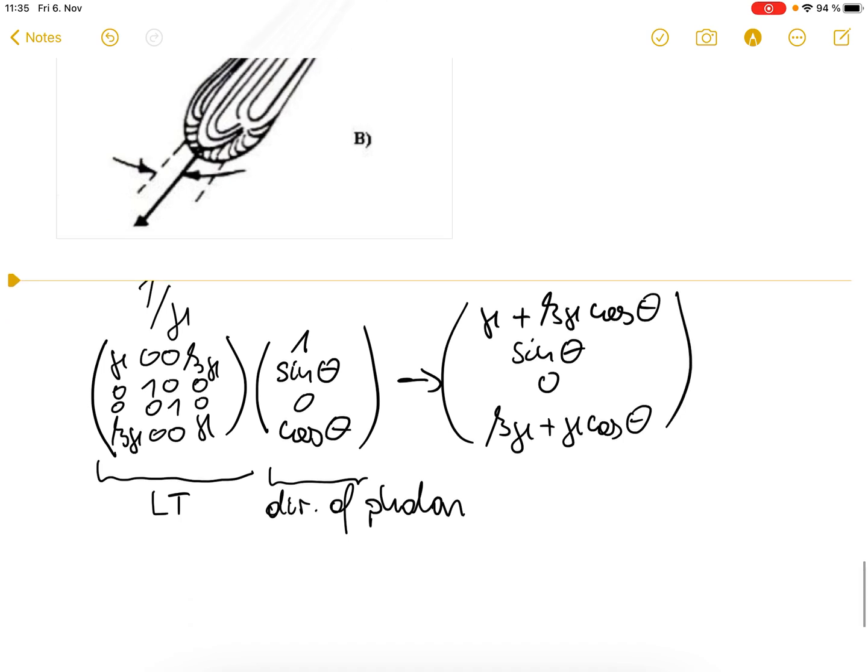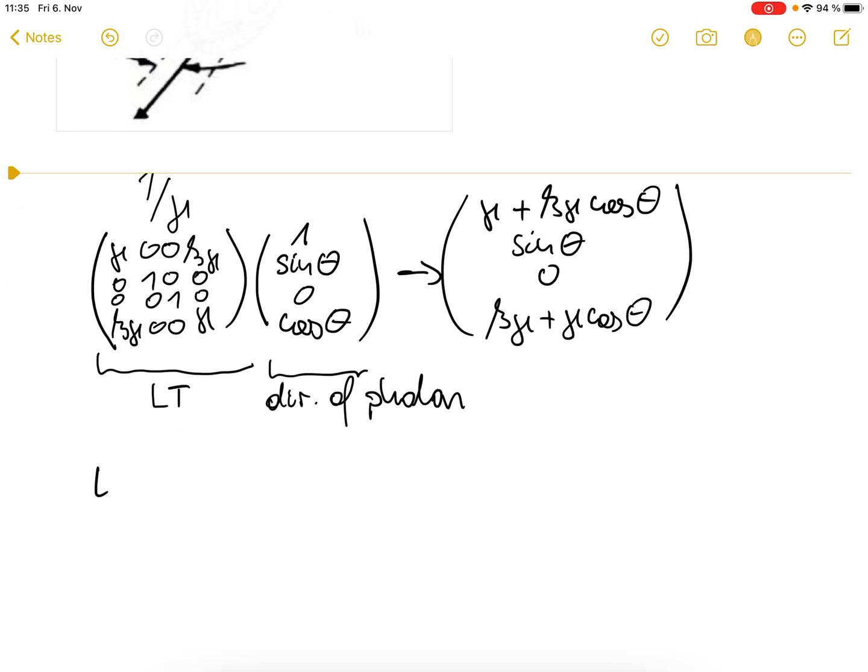And from this we can read off that the tangent of the transformed angle is just sine theta over gamma divided by cosine theta plus beta.